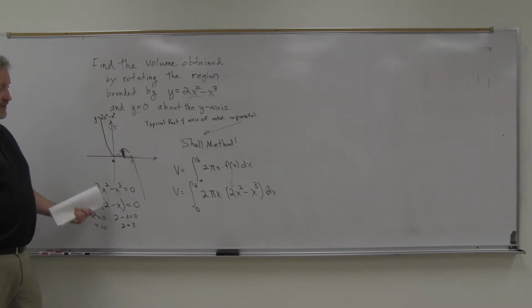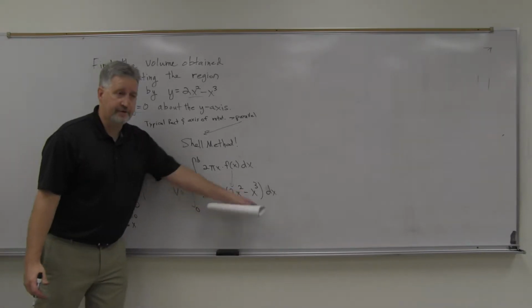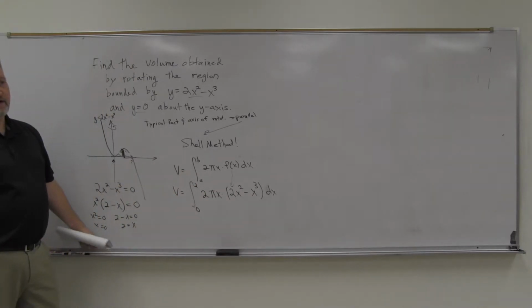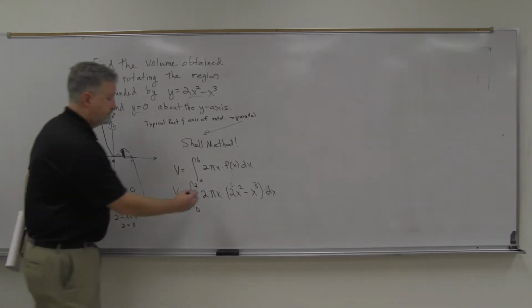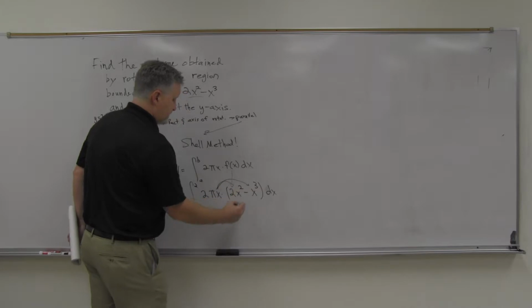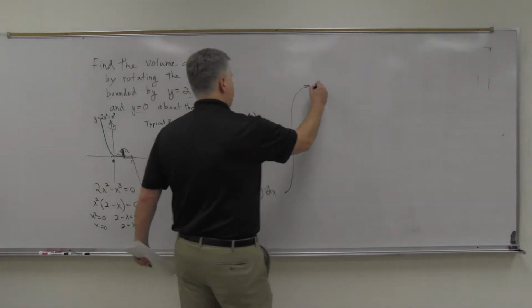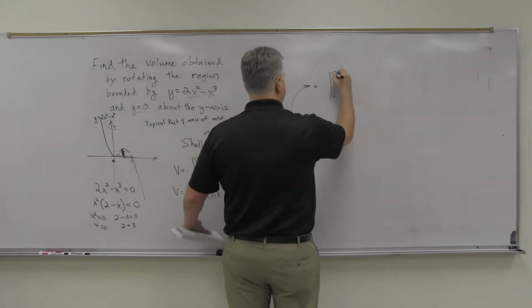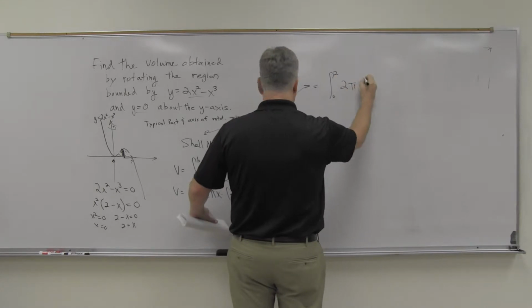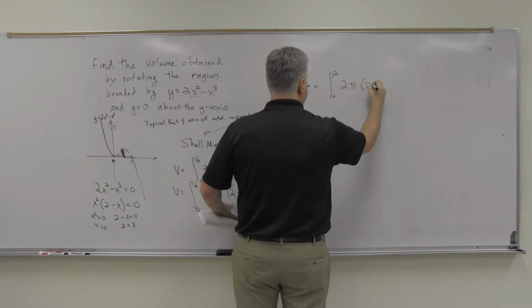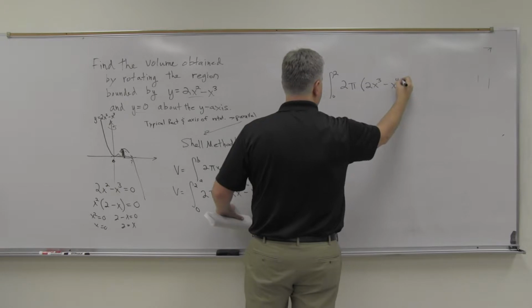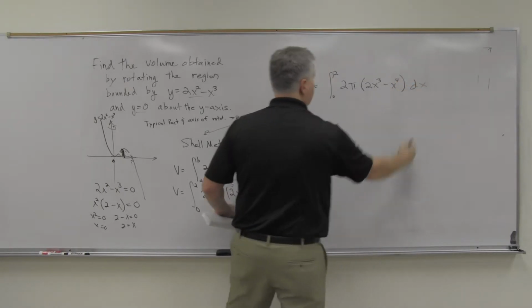On the shell method, we haven't done one yet, but the first step usually is to go ahead and distribute your x. Maybe you don't always have to do that, but it makes sense here. So that'll be the integral from 0 to 2 of pi times, that'll be 2x cubed minus x to the 4th dx.